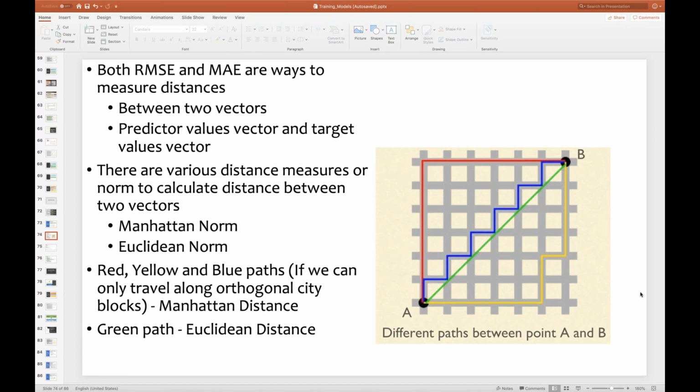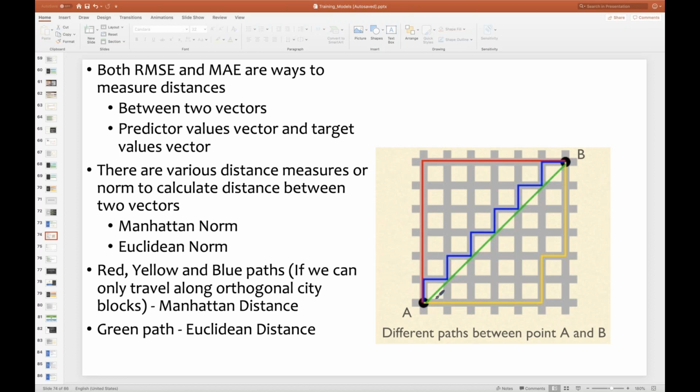Super. There are various distance measures or norms to calculate the distance between two vectors. That is Manhattan norm and Euclidean norm. Now, the red, yellow, and blue paths, if we can only travel along orthogonal city blocks, is called Manhattan distance. The green path is Euclidean distance. See, green is straightforward, nothing else.